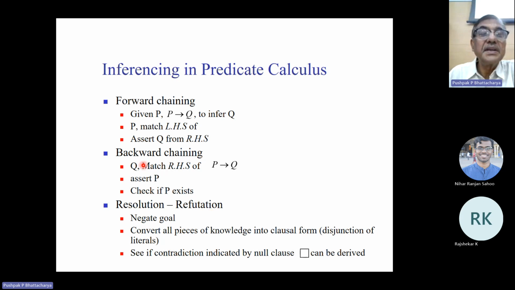Okay. Forward chaining and backward chaining are also extensively used in AI systems. Which process to use depends on what is called the fan out and fan in factor of the knowledge base. How many rules have the same right-hand side, even though the left-hand side changes?